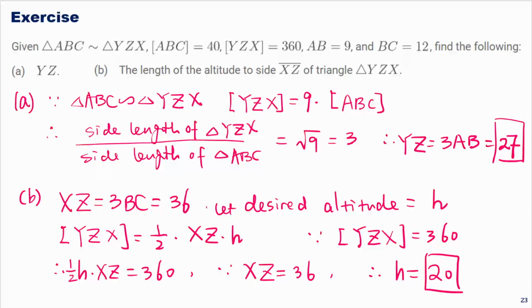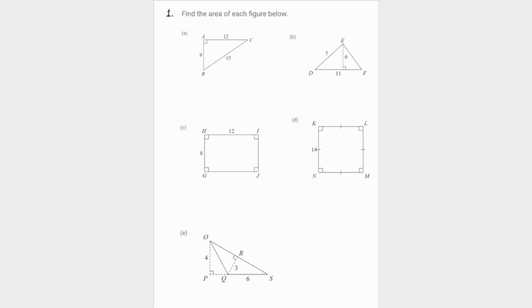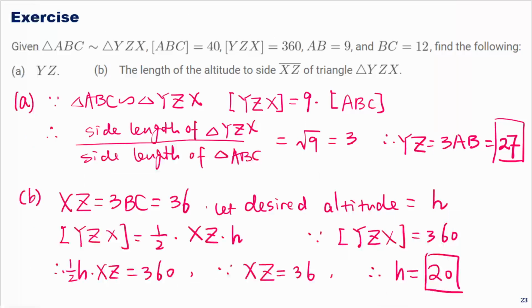First one is the homework of topic 3, congruent triangles. Second file is homework of perimeter and area, topic 4.